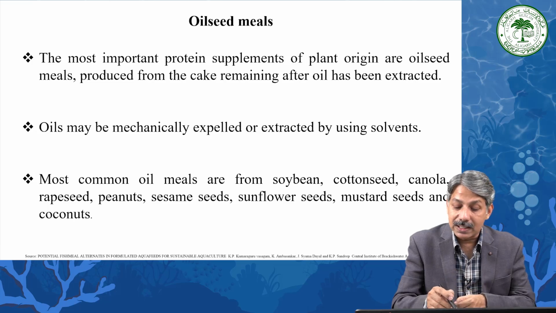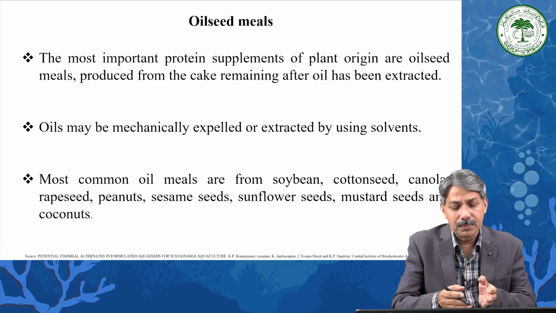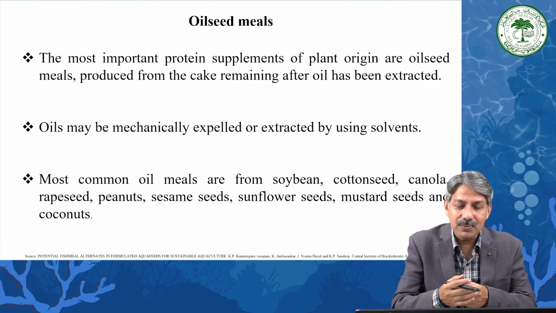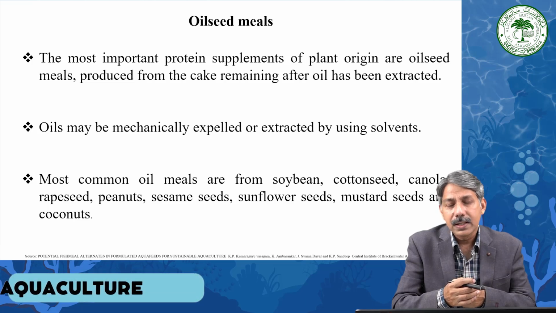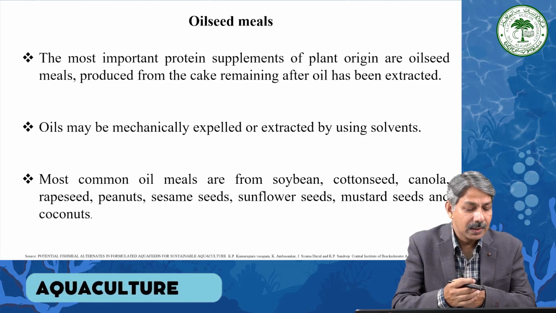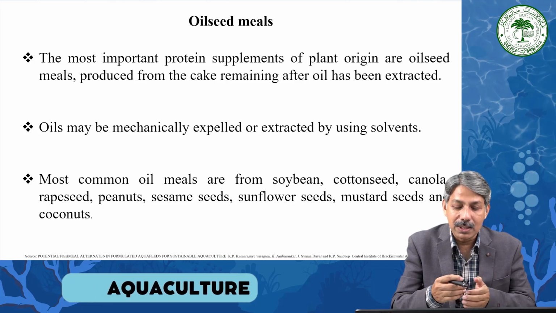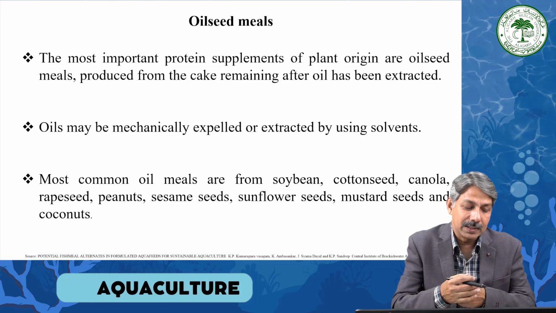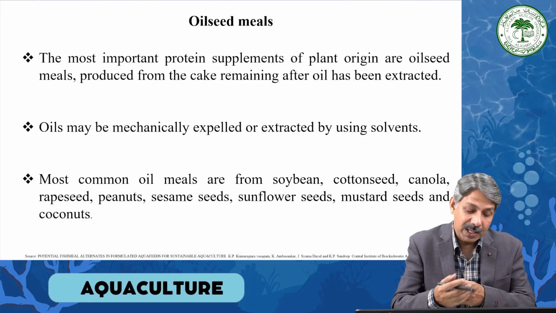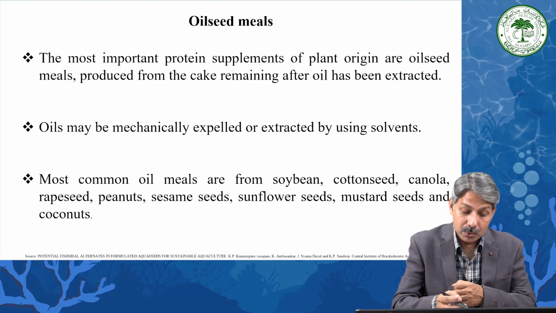Oils may be mechanically expelled or extracted by using solvents. We have mechanical expellers by which we extract oil, or you can use solvents also to extract oil. So, whatever your objective is, whatever the availability of a particular kind of oil cake, or the use of oil you are having, depending on that, you can choose the method to either use expeller or solvents.